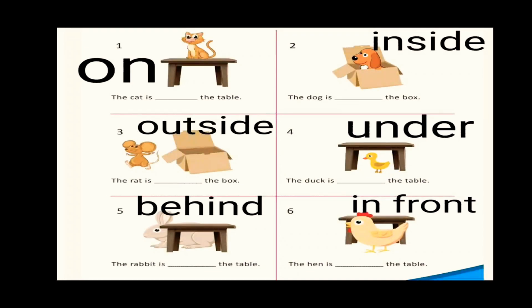Behind when one thing is covering another thing, then the thing being covered is behind. In front of when one thing is covering another thing, then the thing which is covering it is in front. I hope it is clear.